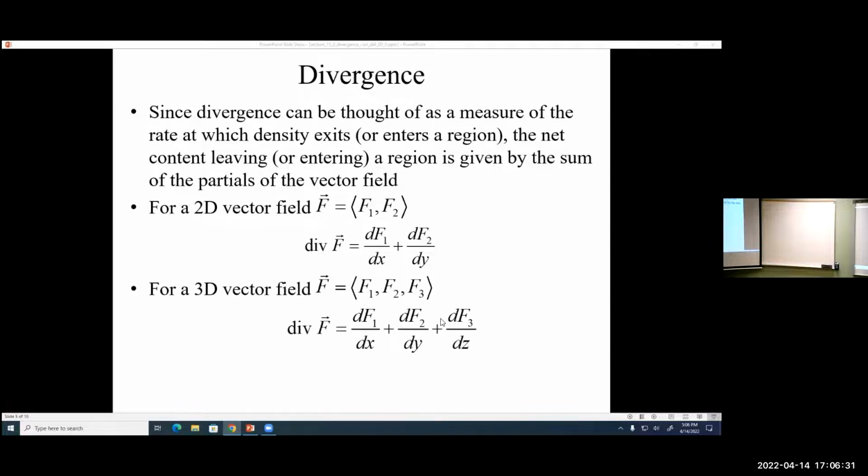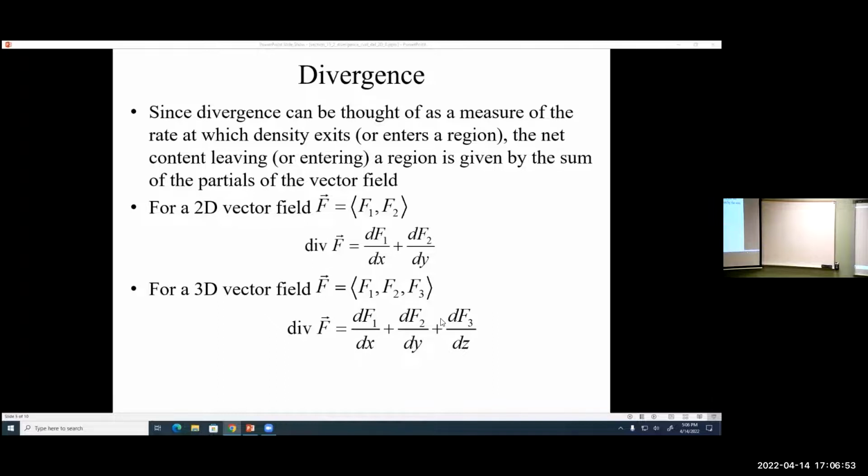For the 3D field, we add on a third component. I'm pointing this out because you'll see when we look at curl, they actually flipped. So calculating divergence is like the gradient almost. It's about as easy as anything we're going to do, because we're very good at partials now.